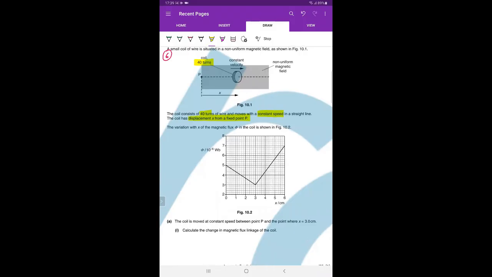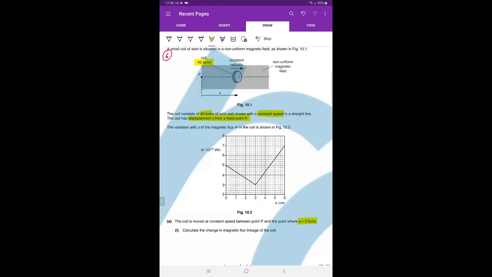The first part, it says the coil is moved at a constant speed between point P and the point where x is equal to 3 centimeters. So आपने 3 का distance cover कर लिया है, starting from the point P, x is equal to 3.